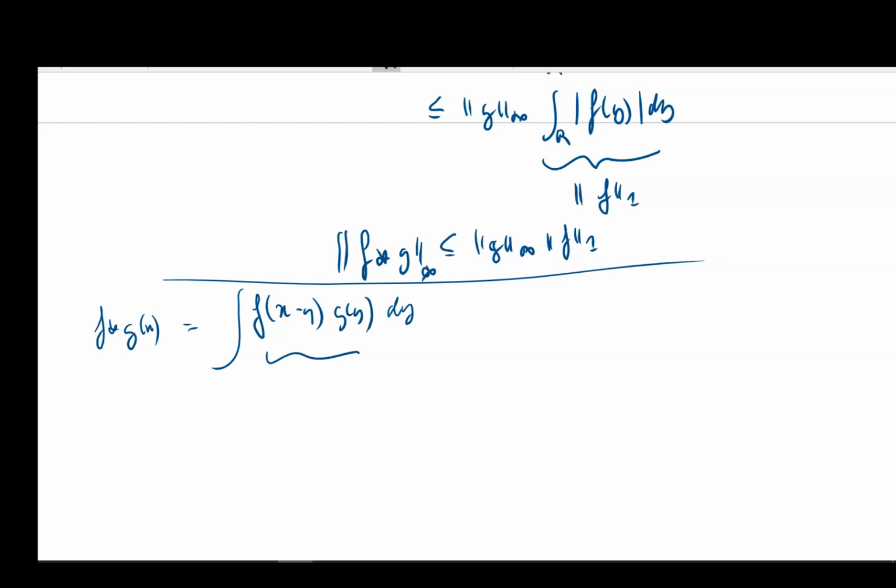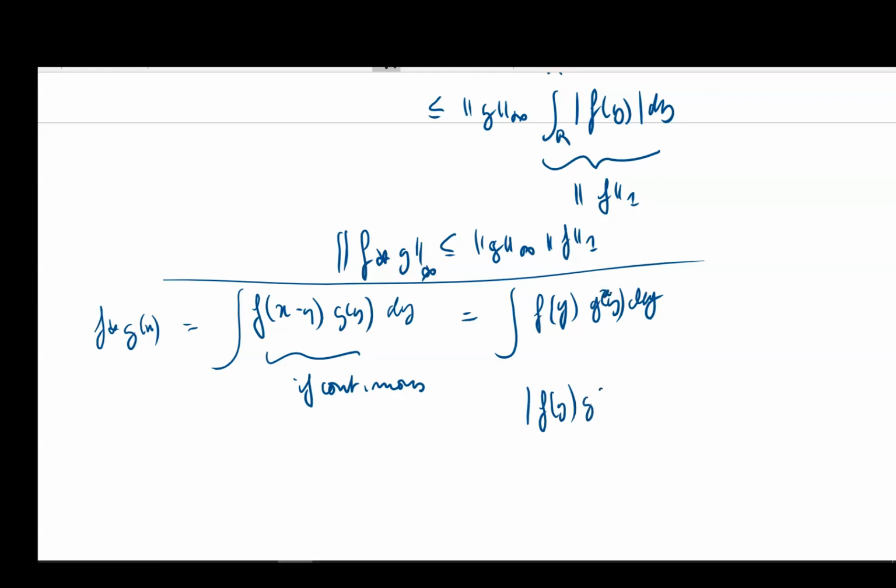What do we need if this is continuous, which is not the hypothesis we wanted, but is a stronger hypothesis, and still f is L1 and g is L infinite? You just need to find the dominating function. Let's exchange the roles of x minus y and y, so that's f(y) g(x minus y), and we do exactly the same stuff as before.